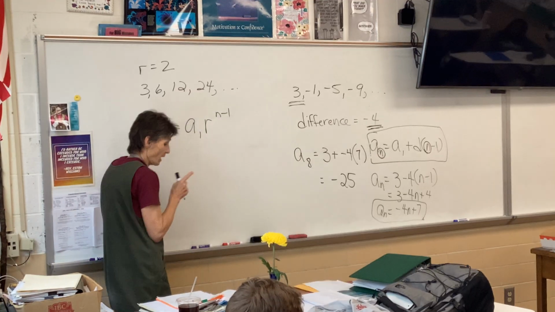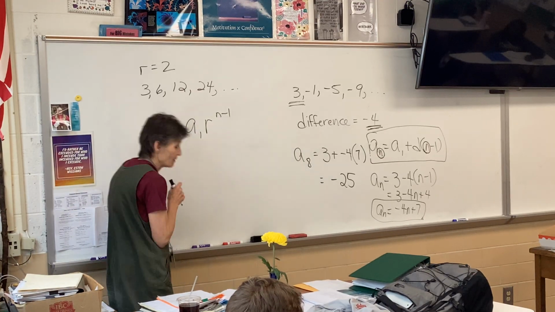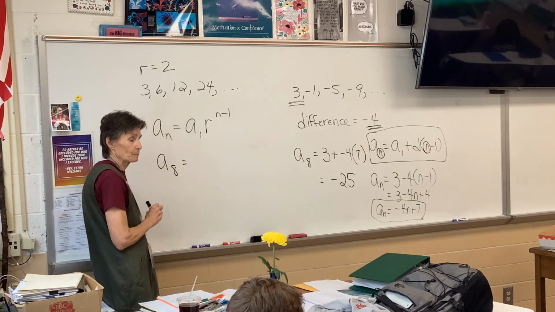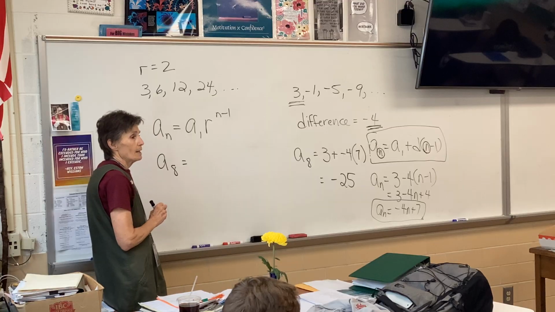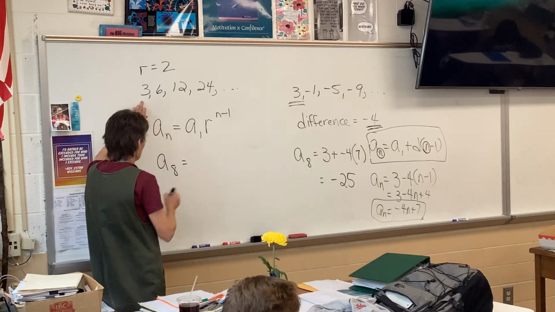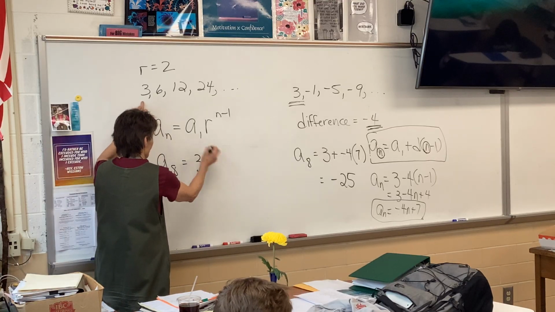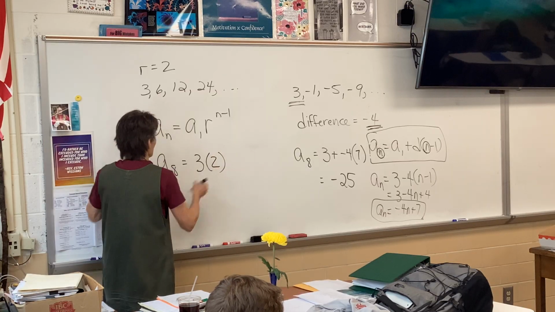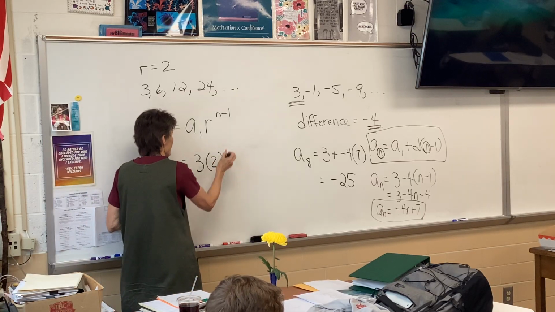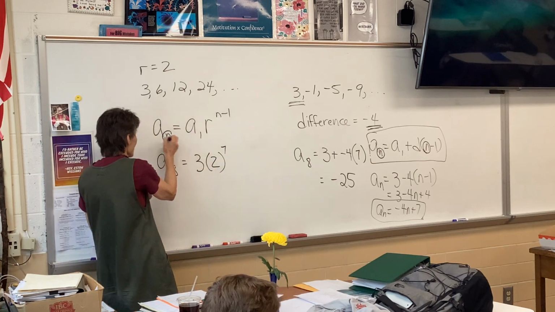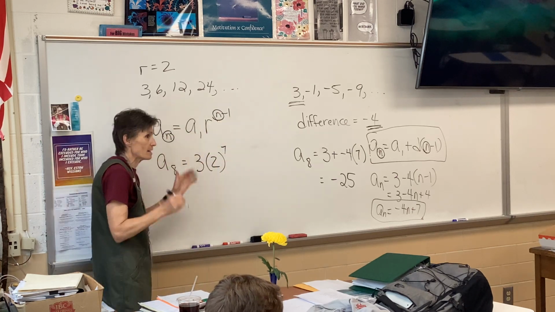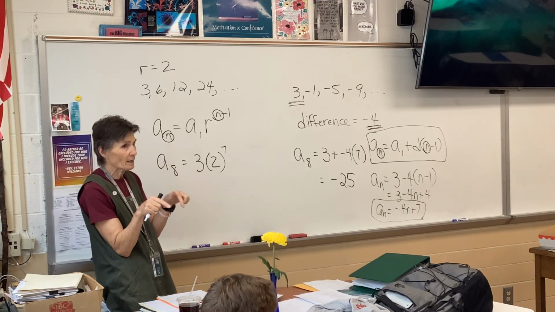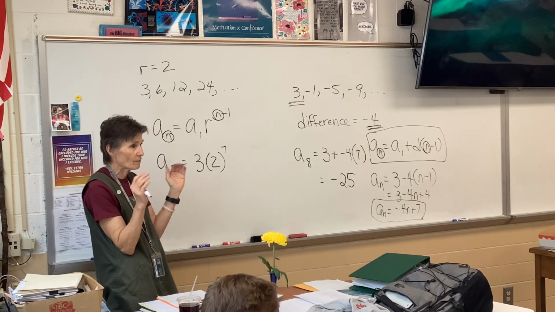So I want to find, according to the problem, the 8th term, so that means A sub 8. A sub 8 will be our first term times our ratio to what power? 7, n minus 1. That n and that n are the same. In any formula anywhere, the same letter has the same meaning. It doesn't change in the formula.